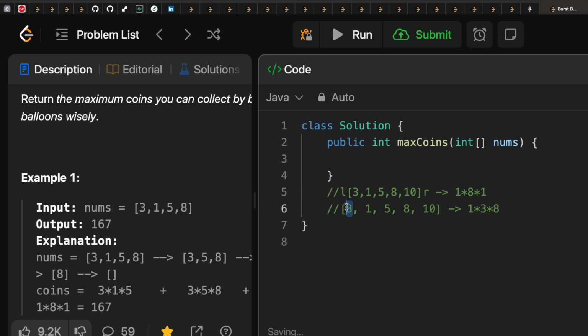And for 3, we have left part as this and right part as 8.